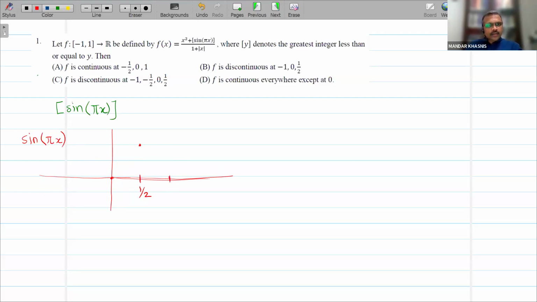At 1, it is sin pi, which is again 0. At minus half, it is minus 1. And at minus 1, it is 0. So the sine graph goes like this.